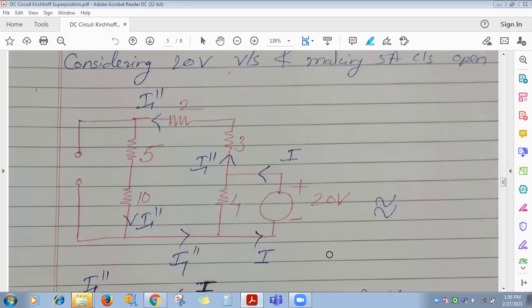We used I1 dash through the load resistance for the previous one. Now you have to use I1 double dash. If you are using the variable IL dash, then IL double dash, and if a third source is there, then IL triple dash, like this. Here we have used I1. I1 is in the original circuit, I1 dash with the first source, I1 double dash with the second source, and so on.